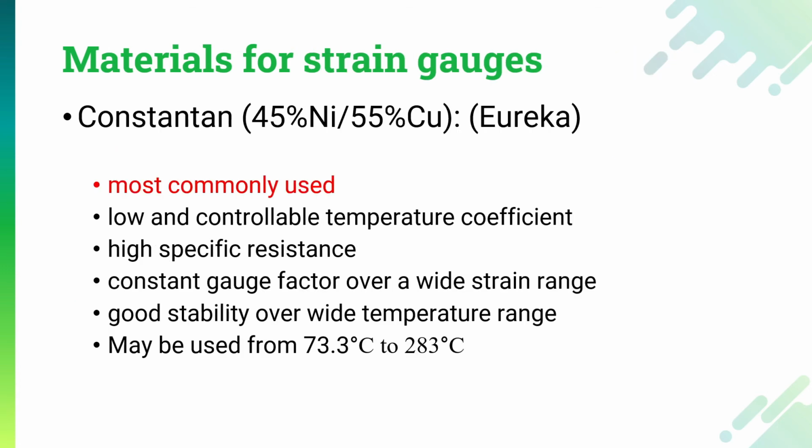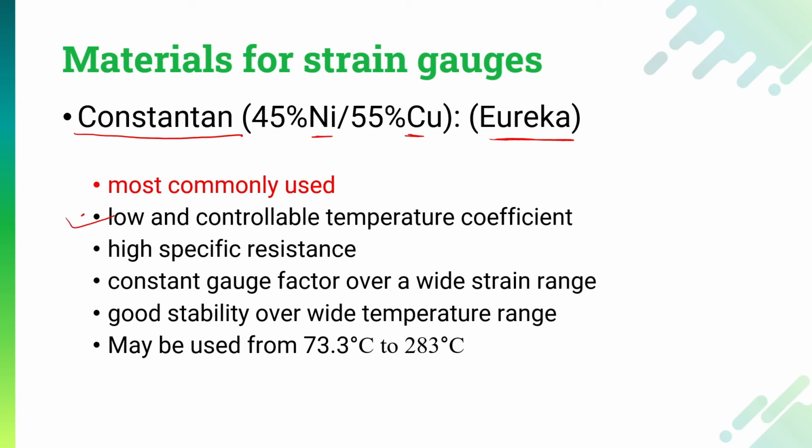The first material is Constantan, which is a combination of nickel and copper, and is also known as Eureka. This is the most commonly used for the wire strain gauge for static strain measurement because of its low and controllable temperature coefficient.